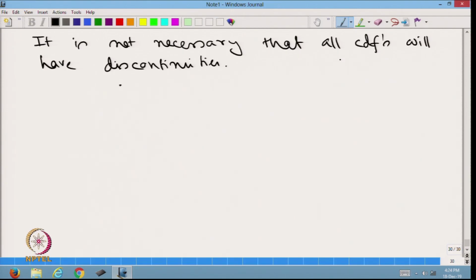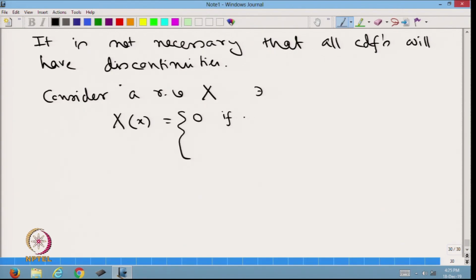For example, consider a random variable x such that the density of x is equal to 0 if x is less than 0, equal to 1 if x belongs to [0, 1], and it is 0 if x is greater than 1.